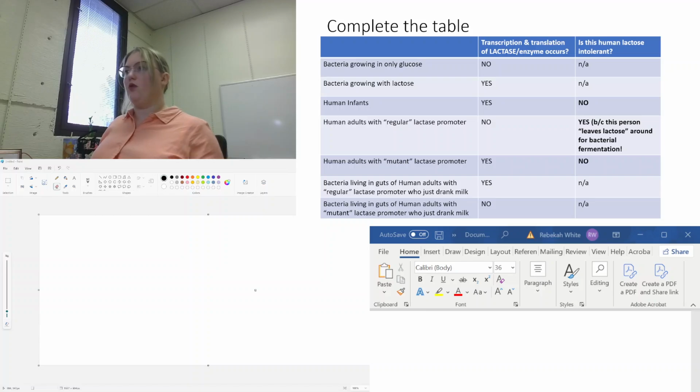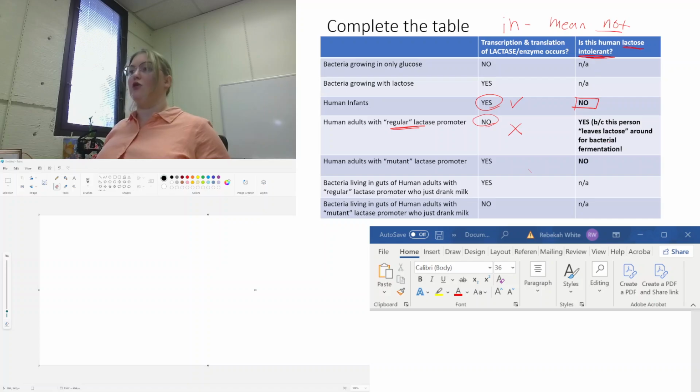Okay, so human infants. Are human infants considered lactose intolerant? Remember, intolerant means not tolerant. So they are not lactose intolerant. Babies have lactase, so they can tolerate lactose. Humans with regular lactase promoters are not making their own lactase.